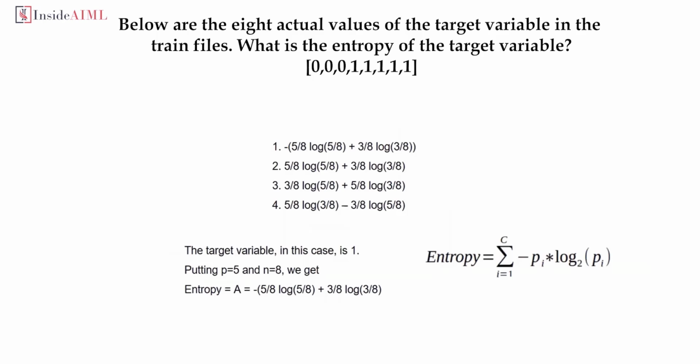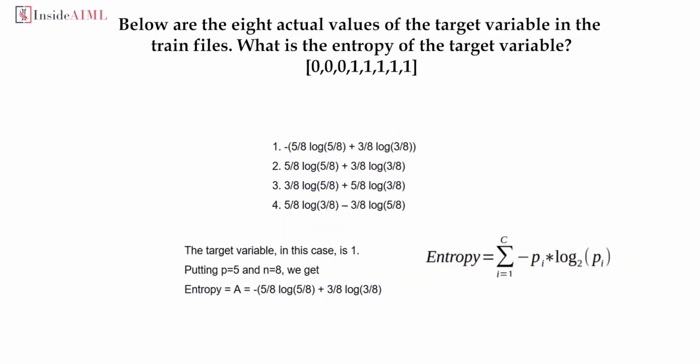Now, if you remember the formula for entropy, it's summation of minus Pi into log 2 of Pi. And this Pi is the probability of happening or not happening. So taking all the instances, which is 0, 0, 0, 1, 1, 1, 1, 1. There are in total 8 instances, in which 5 are accurate, or you can say 5 are positive and 3 are negative.